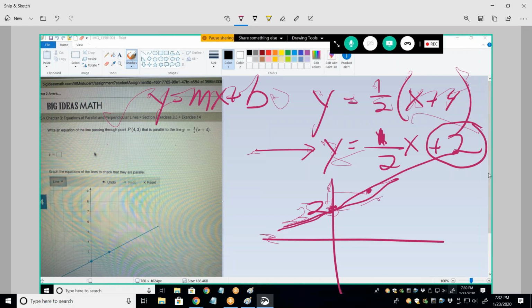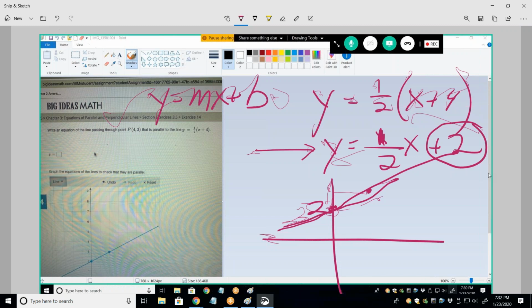If the slope was 2, then I would go up 2 and over 1. Remember, slope is always rise over run. So when the slope is 1/2, the rise is 1, the run is 2. That's the way I would graph that.